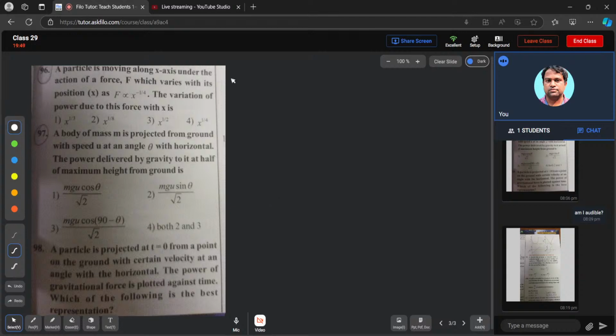Find the variation of the power due to this force. So we have to find P proportional to something, the variation of power due to this force with x.